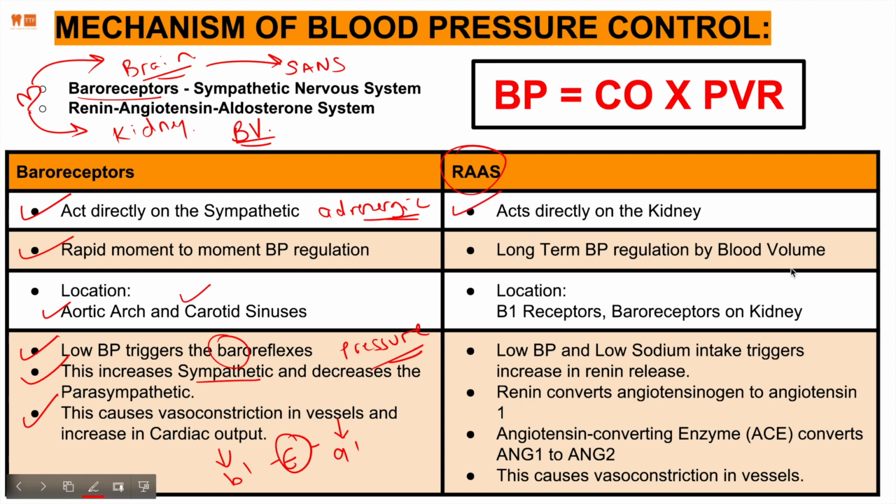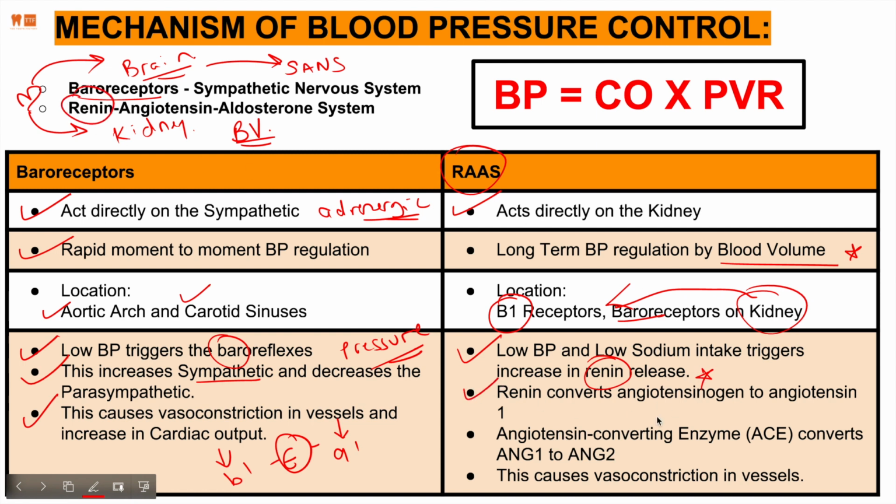Long-term blood pressure regulation by blood volume. So it's an actual physical blood volume detection. It's located on beta 1 receptors on the heart and baroreceptors in the kidney. So again, the kidney dictates how much blood volume to conserve, how much to let go. How? We'll take a look at that. Low blood pressure and low sodium trigger an increase in renin release. So that's the renin-angiotensin system, so renin release.